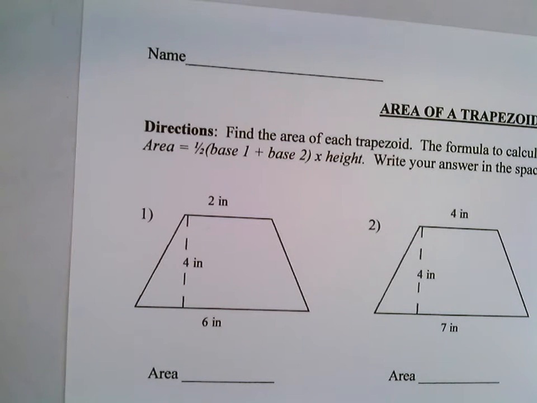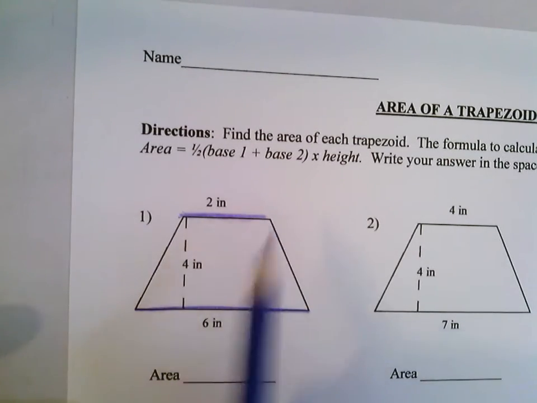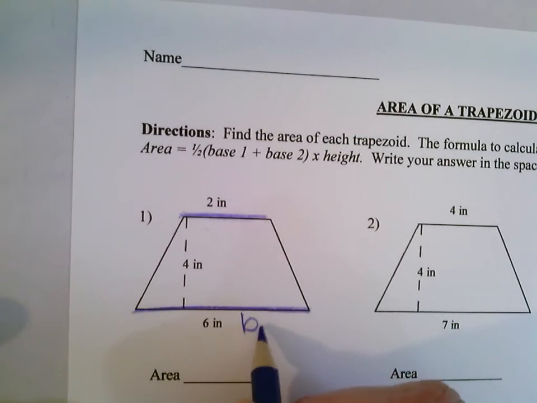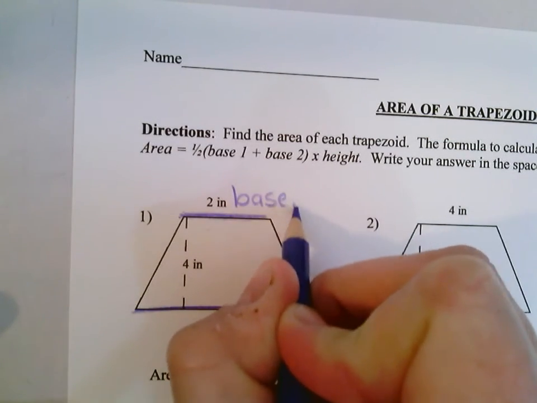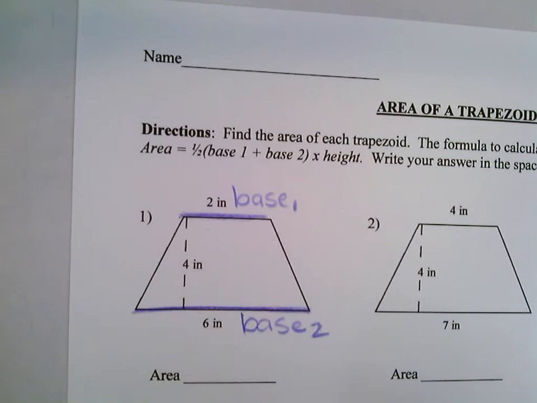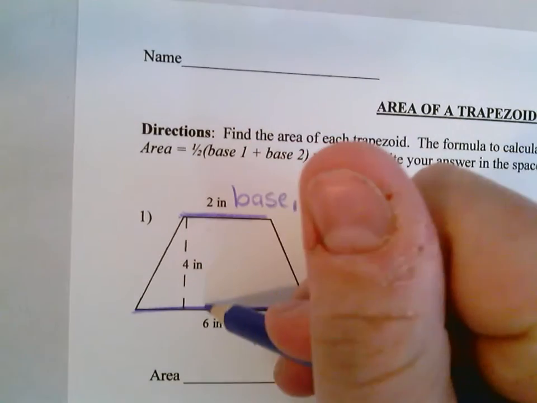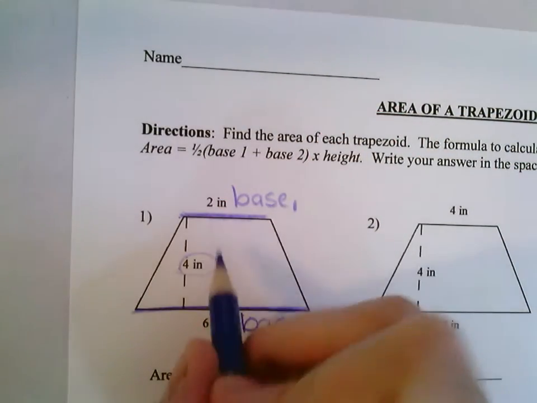The two parallel sides, the lines that run the same direction, are our bases. I'm going to call this one base 1 and this one base 2. And then inside, a perpendicular line between the two bases is our height.